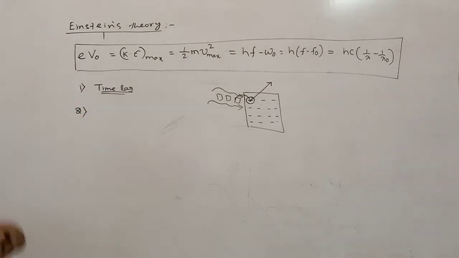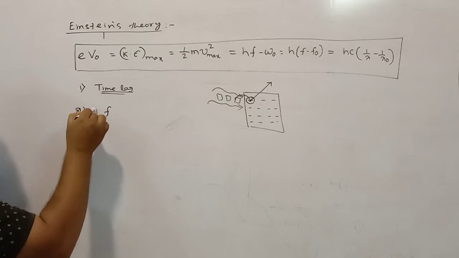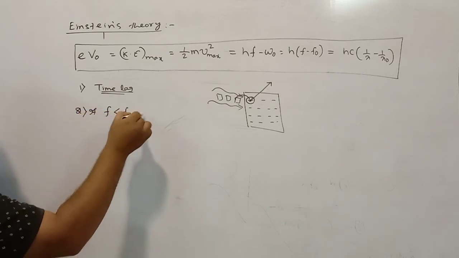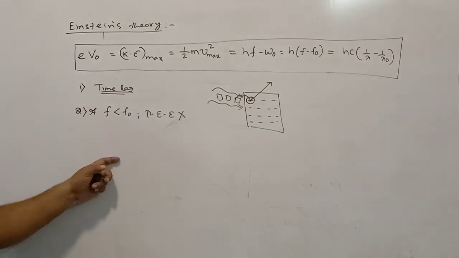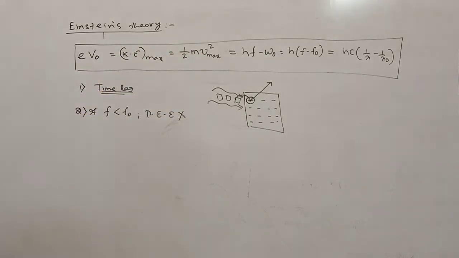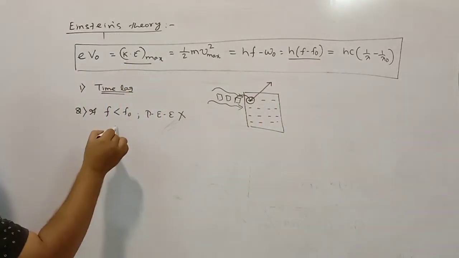Now, the second law states that if f is less than f naught, photoelectric emission is not possible. Consider this equation: K max equals h times (f minus f naught).